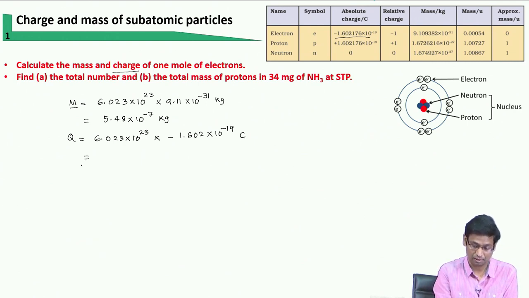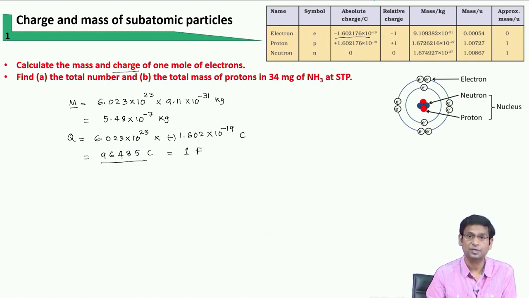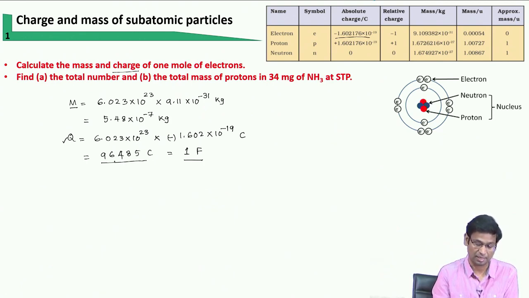This minus sign should remind you that the electron is a negatively charged particle, and when you do this number crunching, you would get one important number, 96,485 coulomb, which has a common name, 1 Faraday. You would use this when you learn more about electrochemistry. So, the charge on 1 mole of electrons is 1 Faraday, or this number. So, this is the first question.